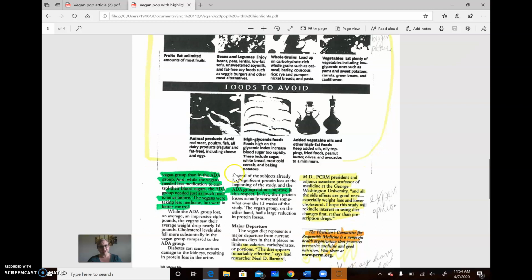And then they did have somebody who was a medical doctor. A couple little problems I have with this is he's also with the PCRM, Physicians Committee for Responsible Medicine, a nonprofit group. He's also their president. So I don't know, that group really is weird to me. It keeps popping up in this article. And then I noticed down here at the bottom, finally they told me what they were: a nonprofit health organization that promotes preventative medicine.